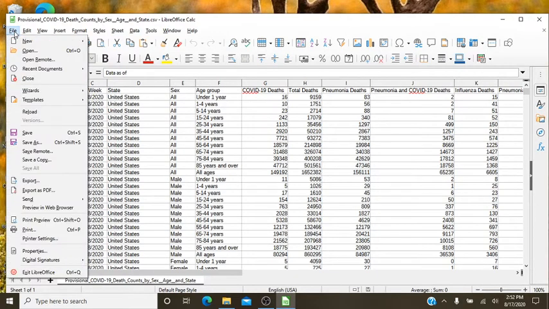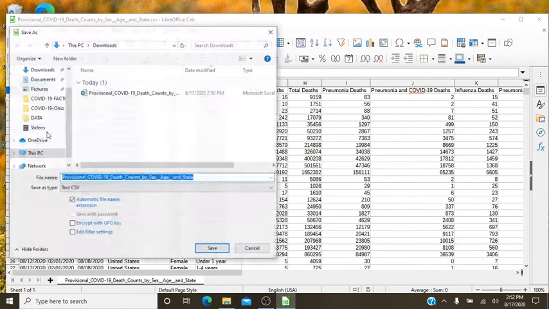First thing we want to do, we want to save as.